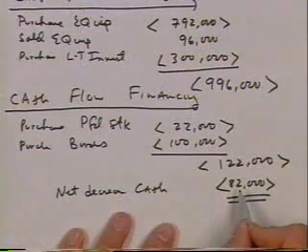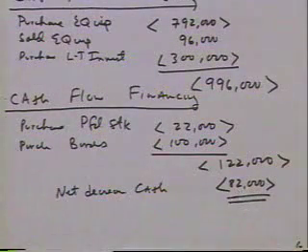We end up with that net decrease in cash of $82,000. This particular question is probably a little more complicated than anything you would see on an in-class exam. I believe it was given on a take-home exam, and students had a little bit longer time to think about it.